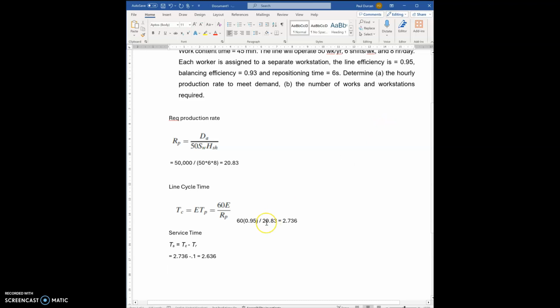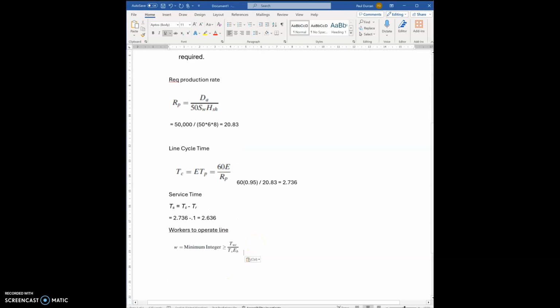Then we need to look at the number of workers to operate the line. W is the workers, and we can see the formula in the handout sheet. It's the minimum integral, so it has to be a whole number.